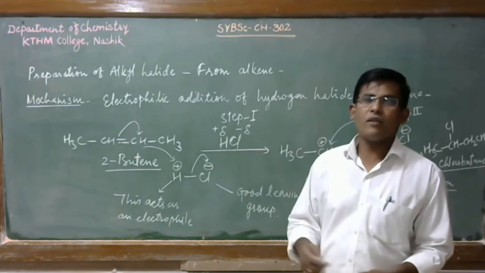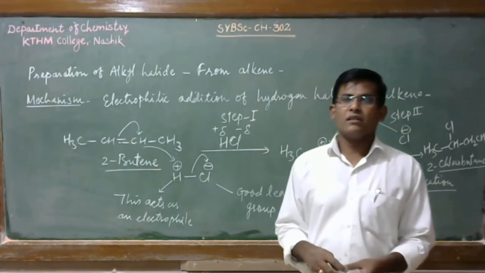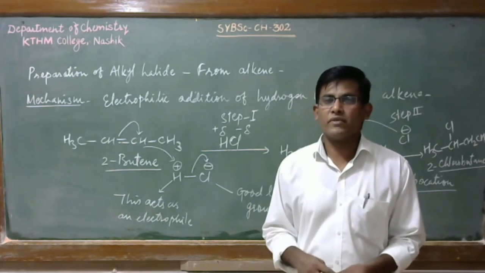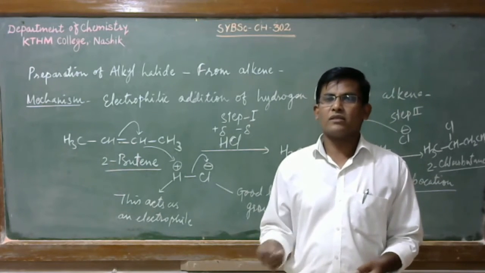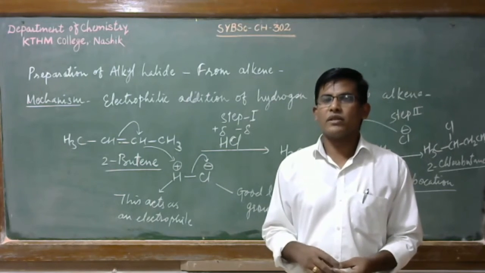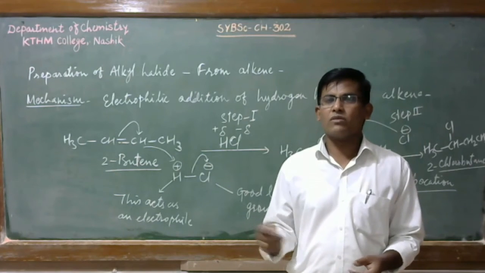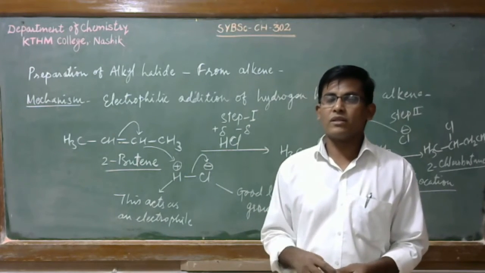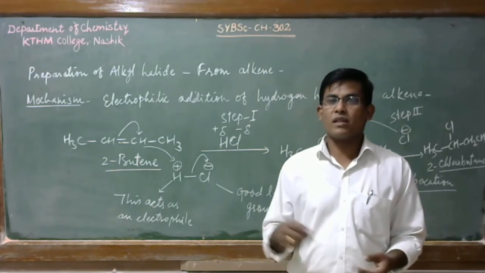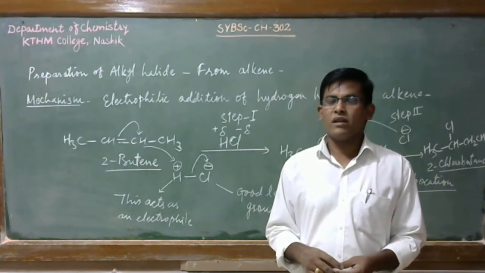The HF bond is very strong, so it is very difficult to break. So its reaction will be slower than hydrogen chloride, which is slower than hydrogen bromide, which in turn is slower than hydrogen iodide.